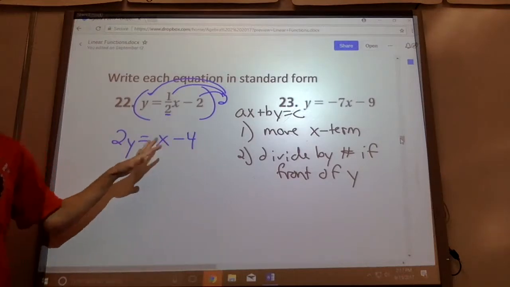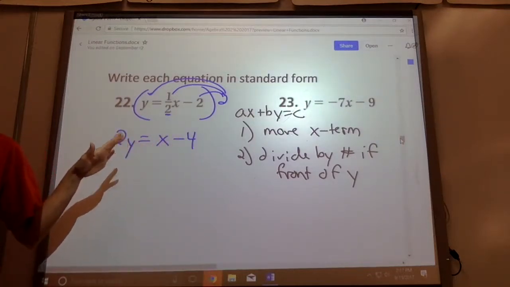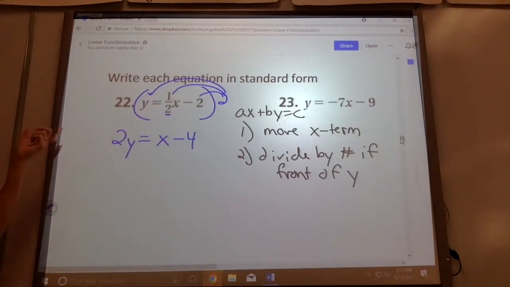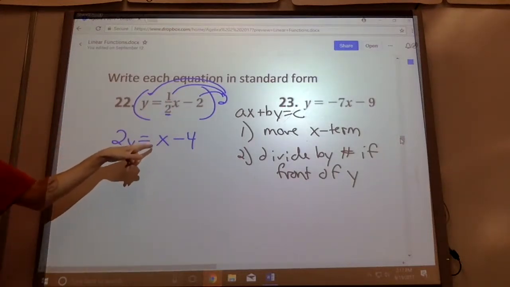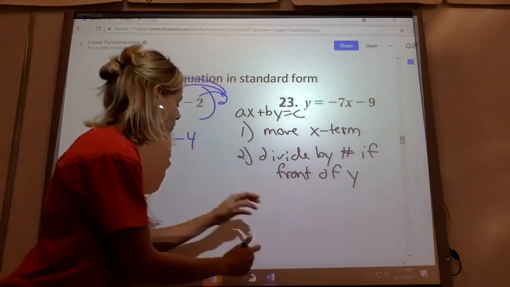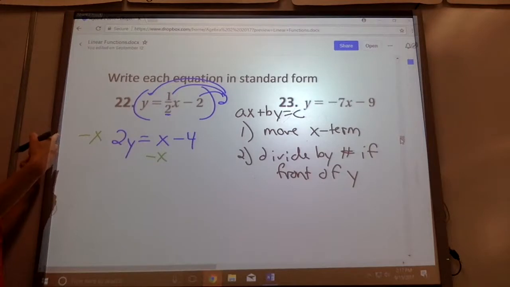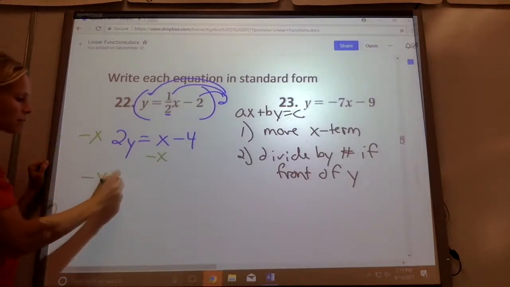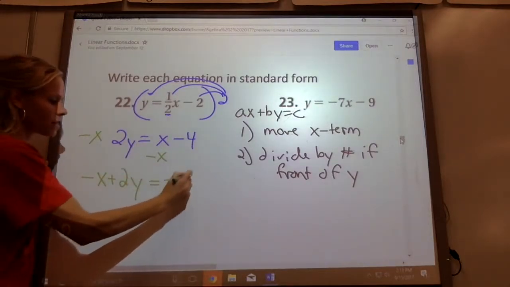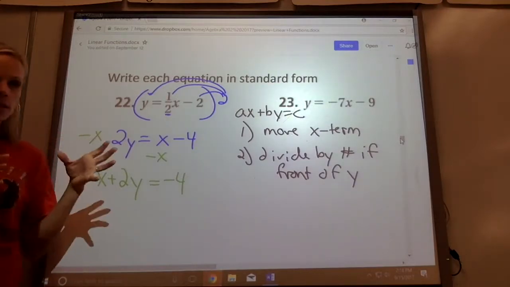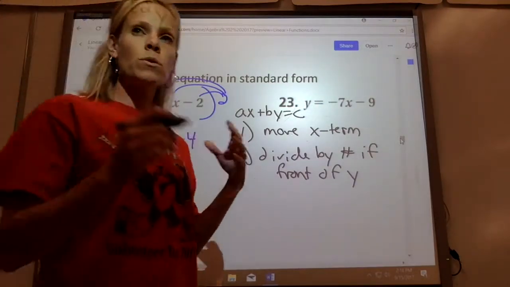So the first step is get rid of all those fractions. Then you can move the x term back to the left side. So since this is a positive x, I can subtract the x back to the left side. So it would be -x plus 2y equals -4. And that's standard form, xy equals constant. Okay? So multiply if there's anything in the denominator, and then move the x term back.